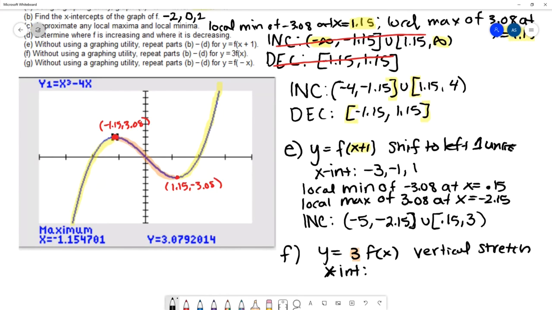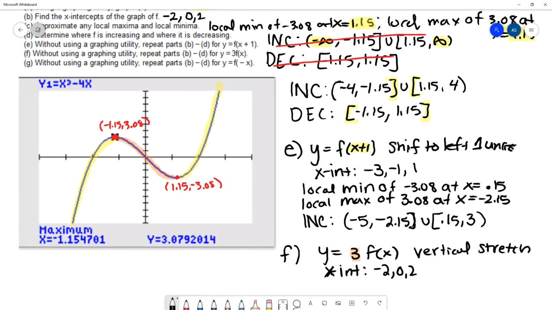So multiplying by 3 still keeps it 0. So we're going to have the same x-intercepts of -2, 0, and 2. The increasing and decreasing will also stay the same.